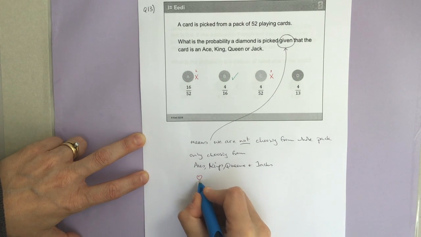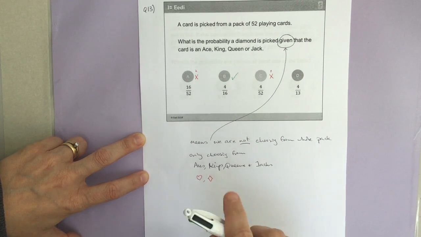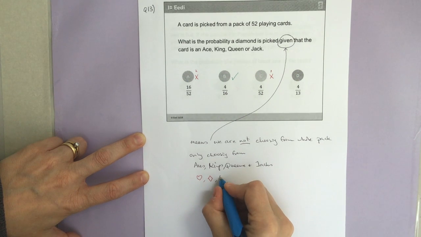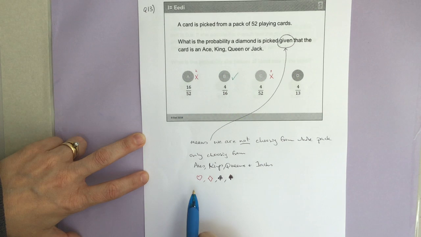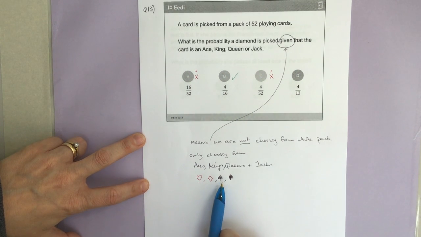We've got hearts, we've got diamonds, clubs, and we've got spades. Okay, so they're the only things we've got. We've got the ace of hearts, diamonds, clubs, spades, the king of each of those suits, the queen of each of those suits, the jack of each of those suits.